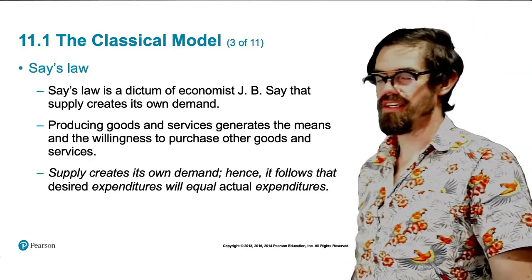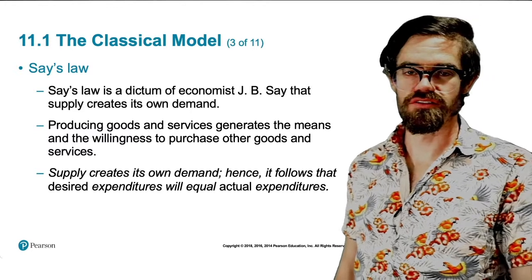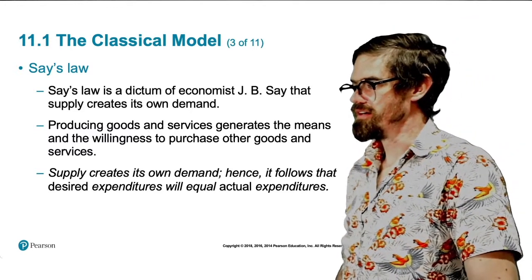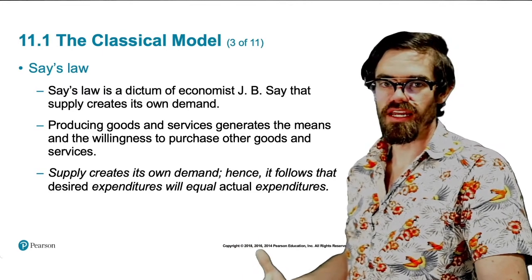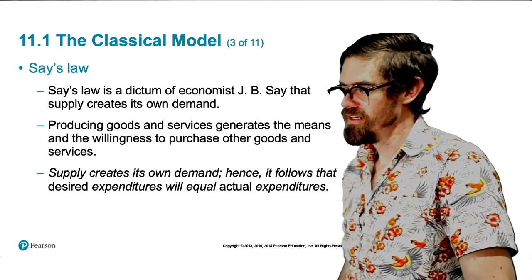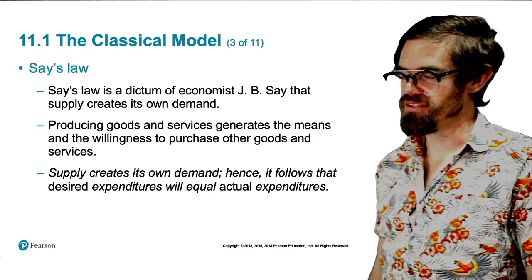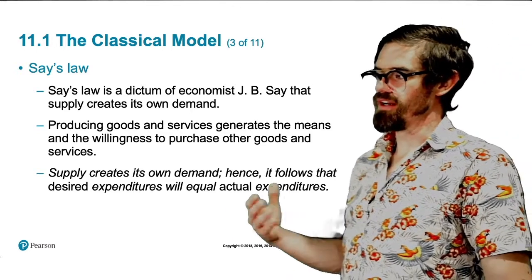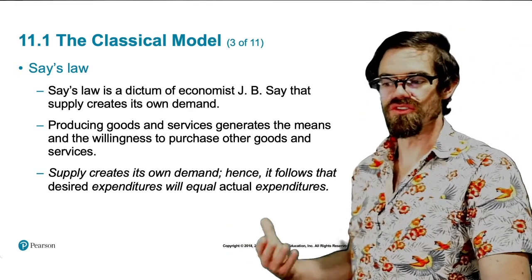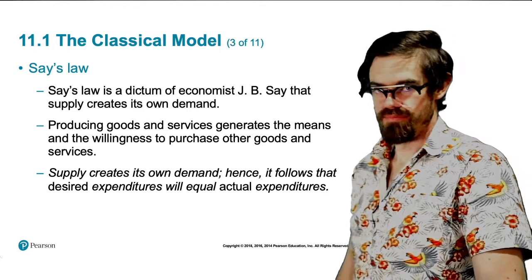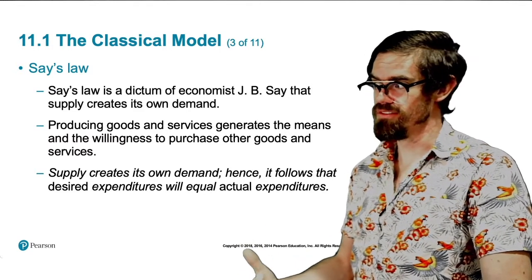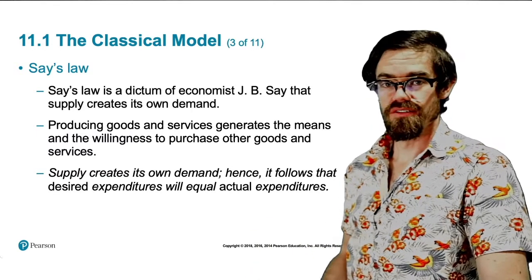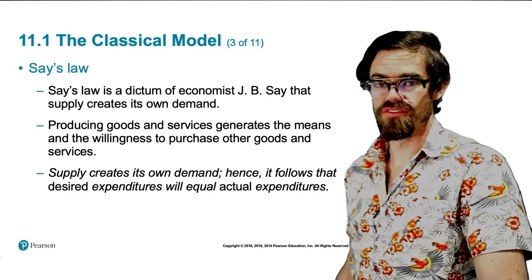Now, J.B. Say came up with this law called Say's Law. It's basically the idea that supply creates its own demand. So what do we mean by that? It basically means that when an economy or society produces goods and services, it provides that society with the income, or the means and the willingness, to purchase other goods and services.